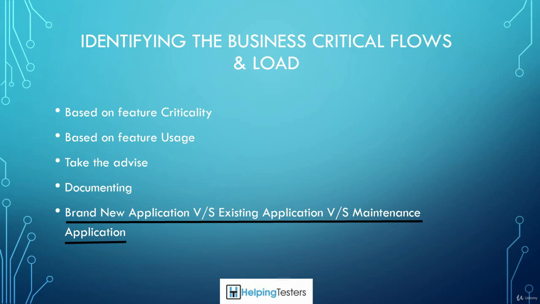We can dive through those logs and find which features are already being used in production. Based on that, we can derive the right business critical flows and the respective load model. In that case, most of the time, the database administrator and application logs will be helpful.